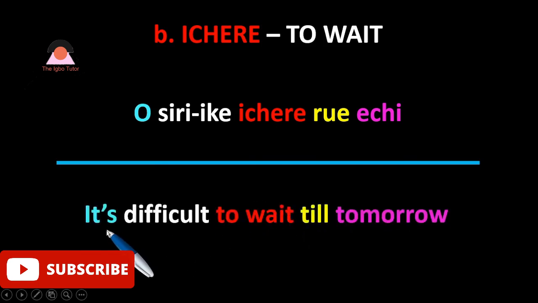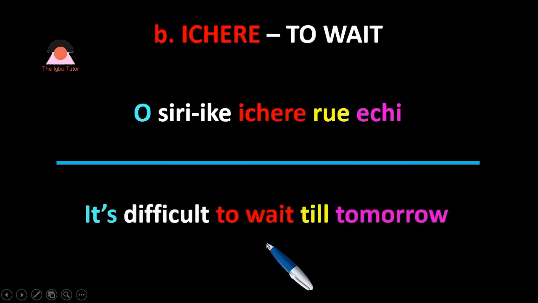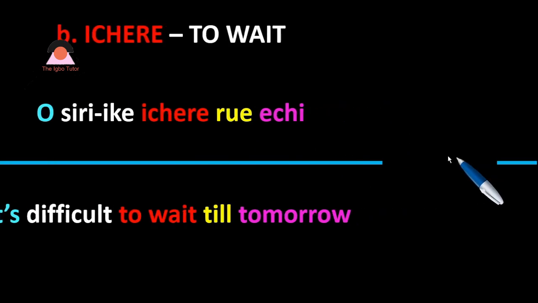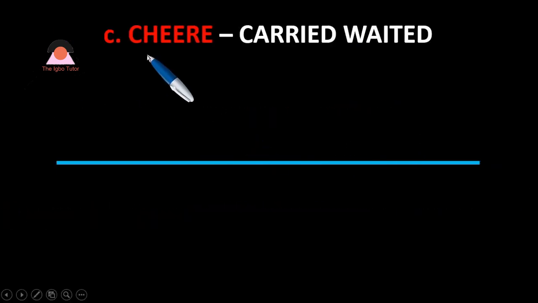Let's look at it. It's difficult to wait till tomorrow. Let the colors guide you on the word meaning. O siri ike ichere rue echi. We'll move on to the next one, which is past tense of wait.